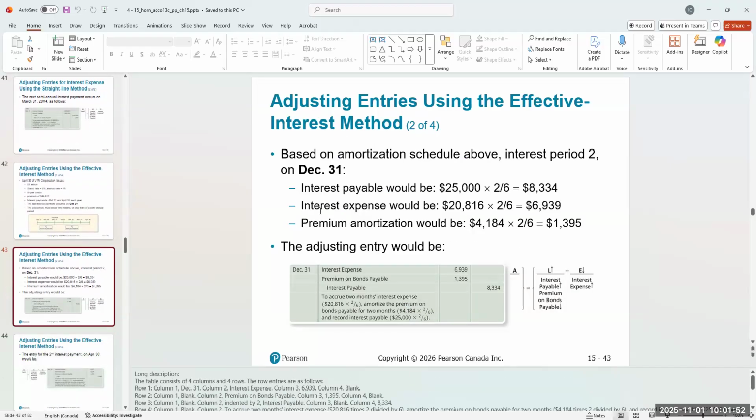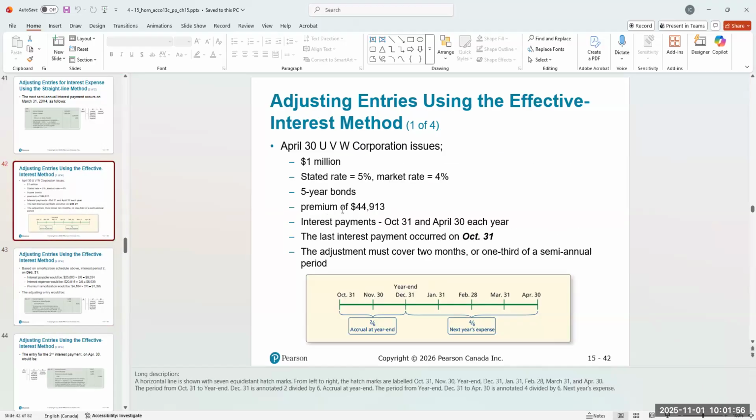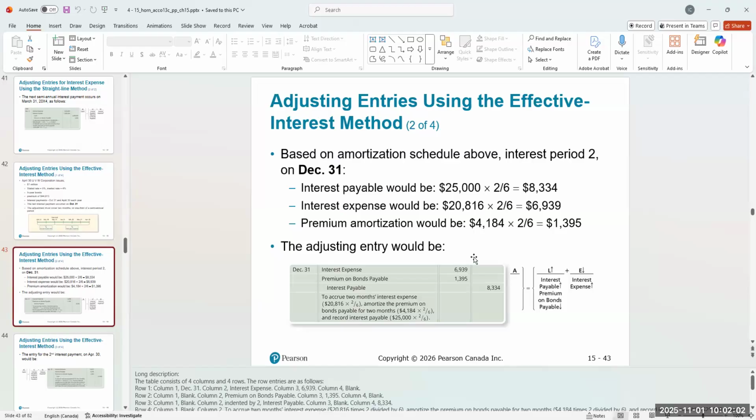So in this case, our total premium is 44,913. Basically, on our original journal entry, we're going to get 2/6 of the interest payable, 2/6 of the interest expense, and 2/6 of the premium.